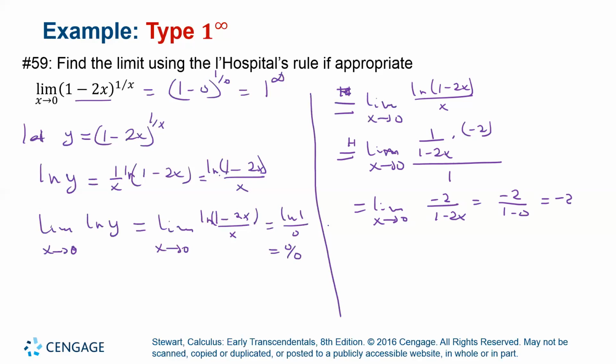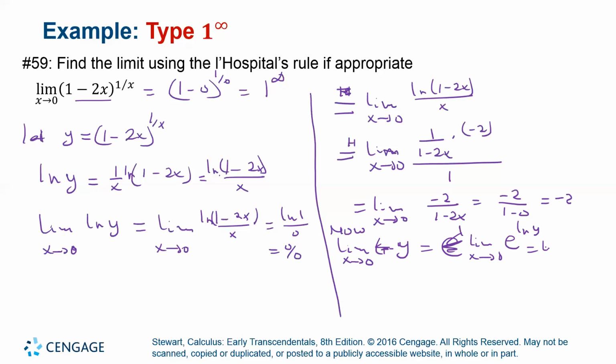So if that is negative 2, then let's go back to our original. The limit as x goes towards 0 of the original, which is 1 minus 2x to the 1 over x, the y, because we said let y equal to that, is equal to the limit as x goes to 0 of e raised to natural log of y.